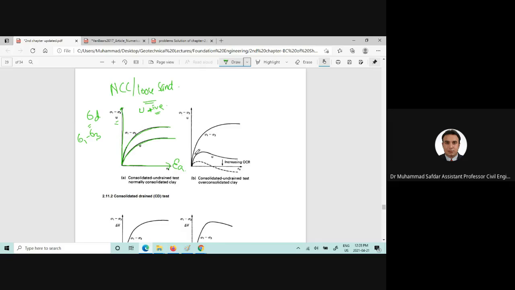Now if you want to draw the stress strain behavior for the over consolidated clays or for dense sands, the stress strain behavior will look like this one, almost the same. It should go a little bit higher because it's dense sand if you are comparing these two, but anyhow, no problem.